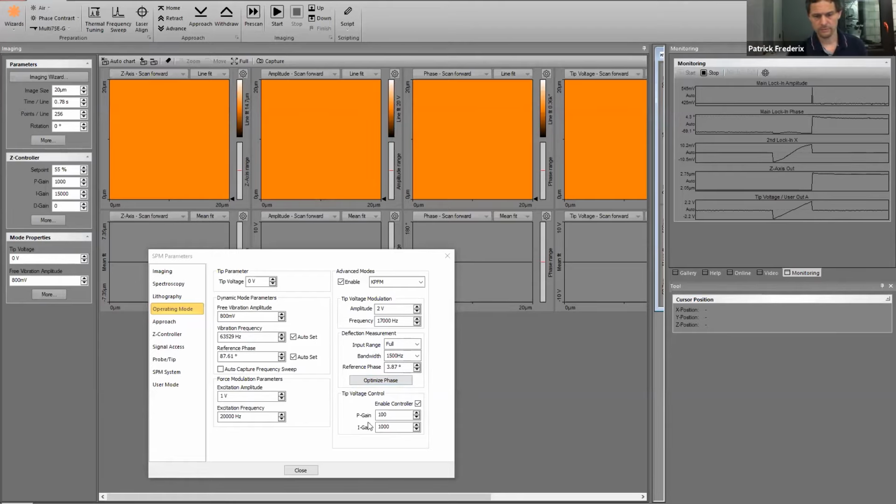Controller: in the end, we want to add a DC voltage, that is just like with AFM. Again, the I gain is the most important one. How fast do you want the DC voltage to reach the sample voltage? If it's too fast, it's getting noisy. If it's too slow, it's getting sluggish.